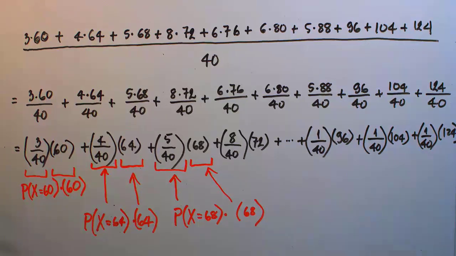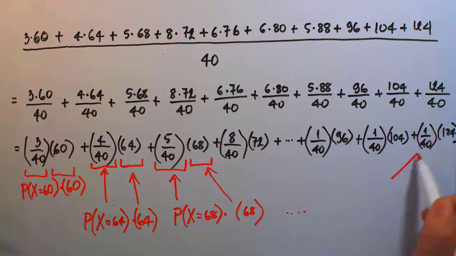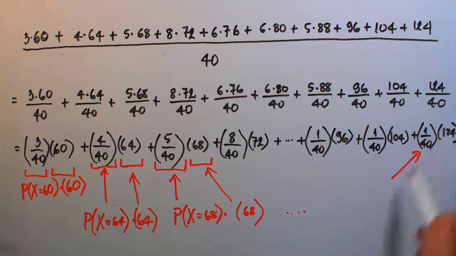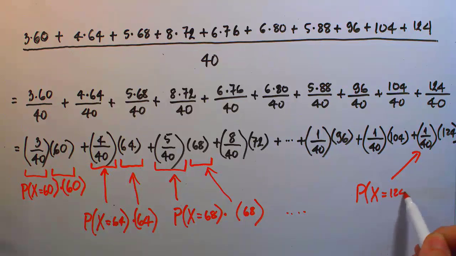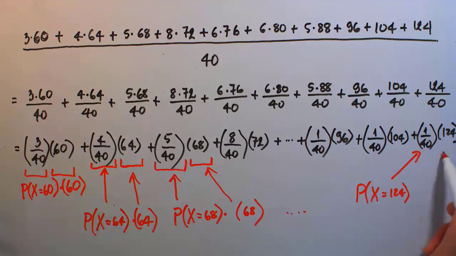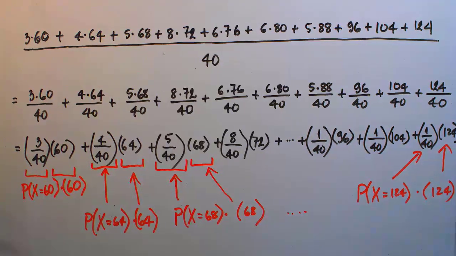If you look through the entire remaining terms, it is exactly the same: any of these products came out as a probability. For example, this is the probability when X equals 124, and I need to multiply that probability with my actual value on the left-hand side, 124.